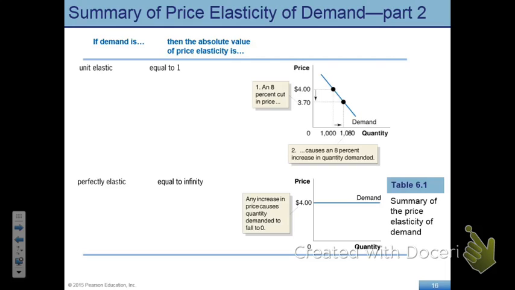Why? Are we all clear on why, in this case, the price elasticity of demand is infinity? Any thought on this?